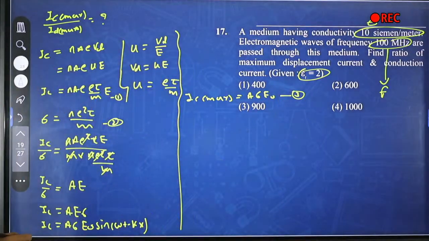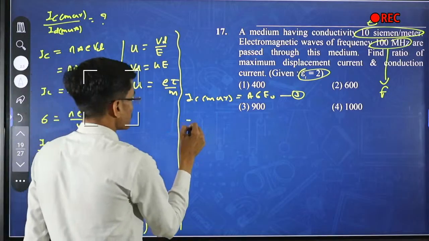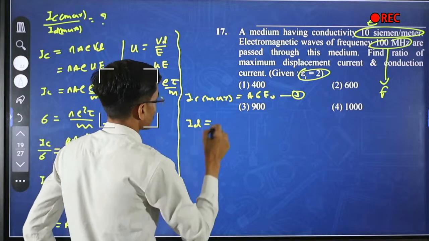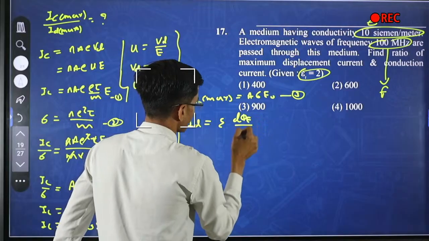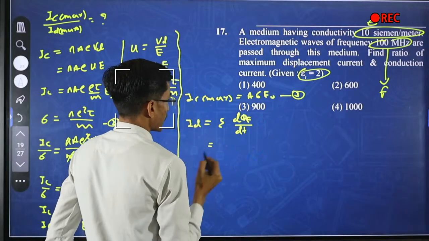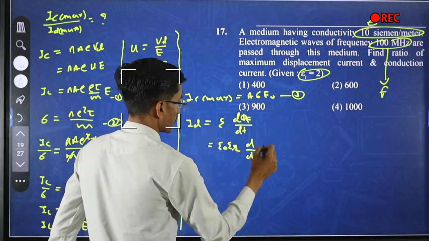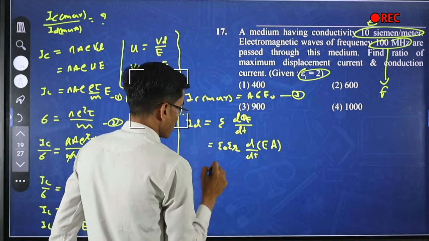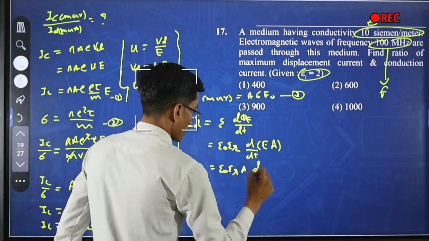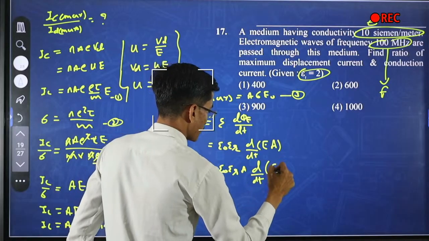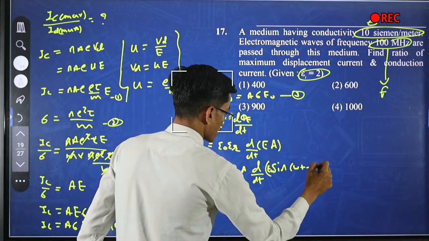Further, now we have to calculate the displacement current ID. So displacement current ID can be written as epsilon d phi E by dt. We can write epsilon as epsilon naught epsilon r. d phi E by dt can be written as d by dt of E into A. So A is constant, so epsilon r A d by dt of the electric field, which can be written as E naught sin(omega t minus kx).